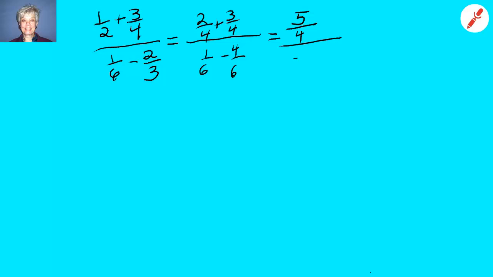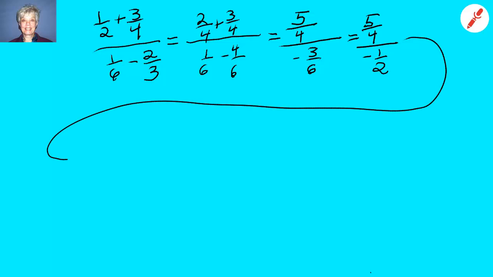So that in the numerator we have 5/4, and in the denominator we have -3/6. And then we reduce. And you know that 3/6 is 1/2. 3 will go into 3 one time, 3 will go into 6 two times.